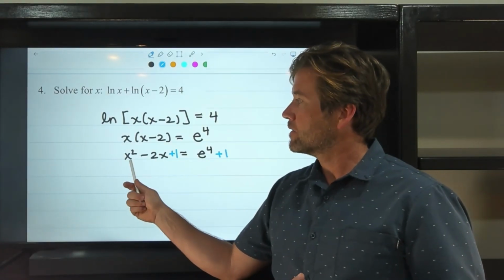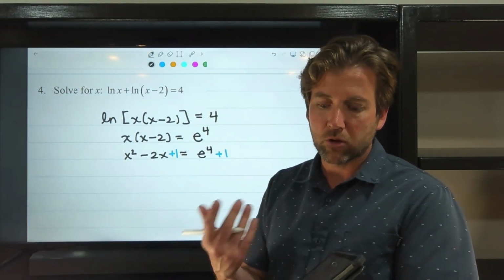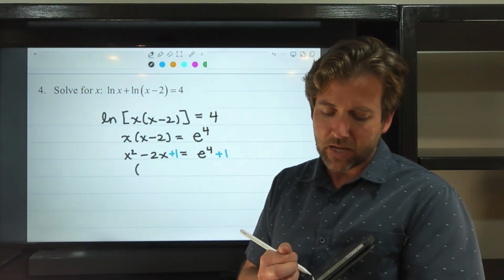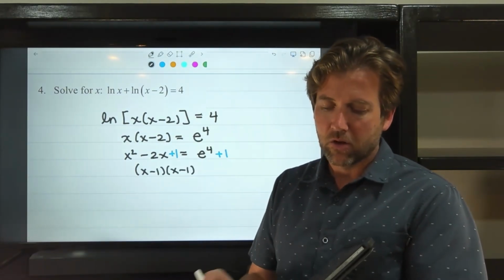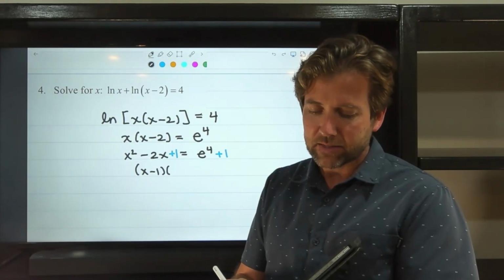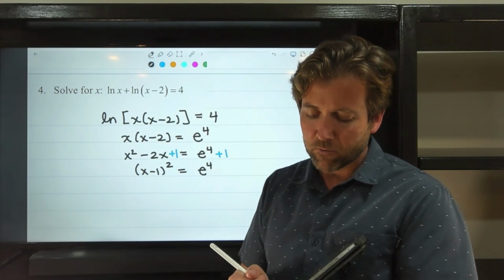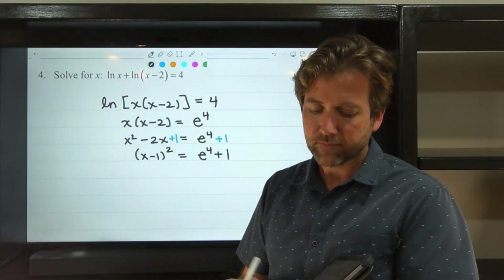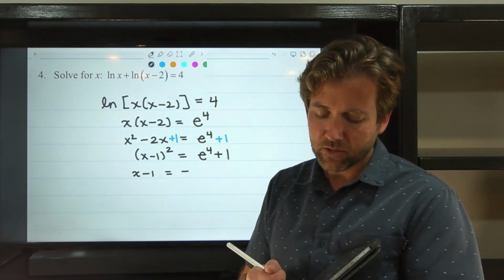So now I know that these 3 terms will factor to a perfect square. That's why it's called completing the square. It'll be x minus 1 times x minus 1, but I'm going to write that instead as x minus 1 squared equals e to the 4th plus 1. Now I'm going to take the square root of both sides of the equation.